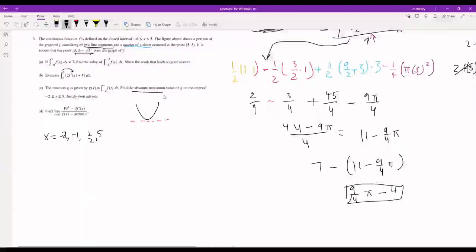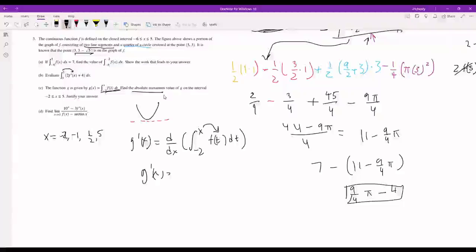And then we also have to find the derivative of g, so it's just the derivative of this, which again, fundamental theorem of calculus, d over dx of, remember we can just bring the x down here and then the integral and the derivative cancel out. So we get g prime of x equals f of x.